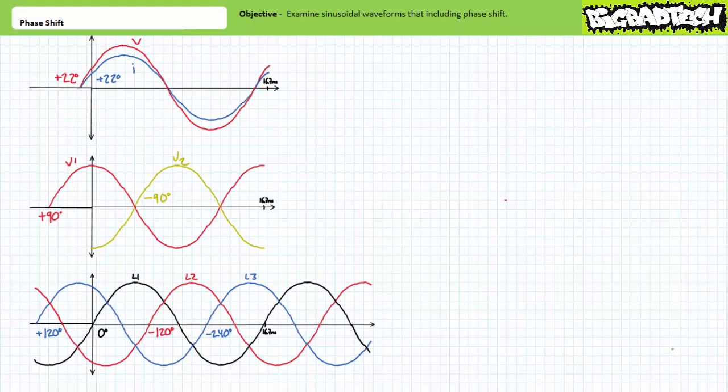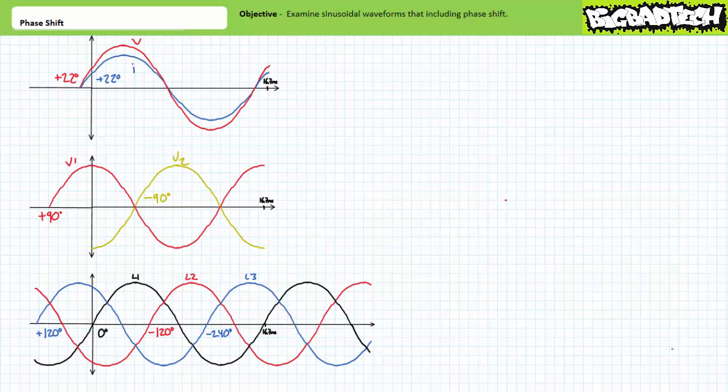Alright, 3 more bonus round relative phase shift problems before I cut you loose. Be warned, these aren't as easy as they look and are meant to illustrate some peculiarities you might encounter, as well as establish some standard operating procedures when you do. For the first example problem on the top, the voltage waveform in red has a phase shift of positive 22 degrees, and the current waveform in blue also has a phase shift of positive 22 degrees.